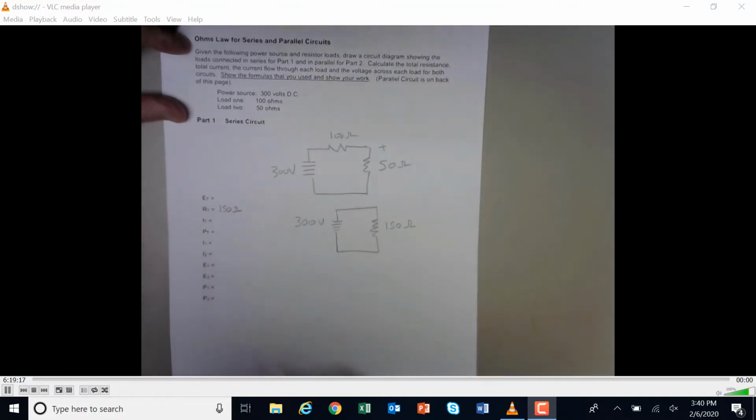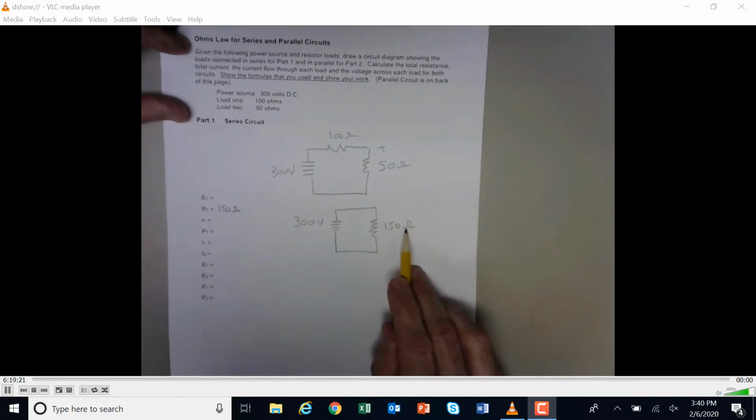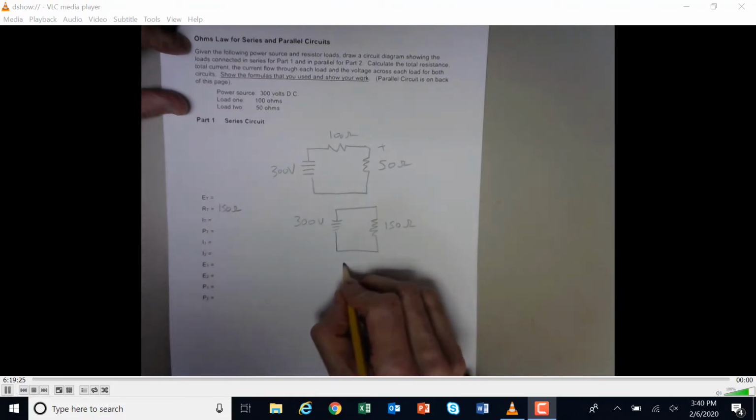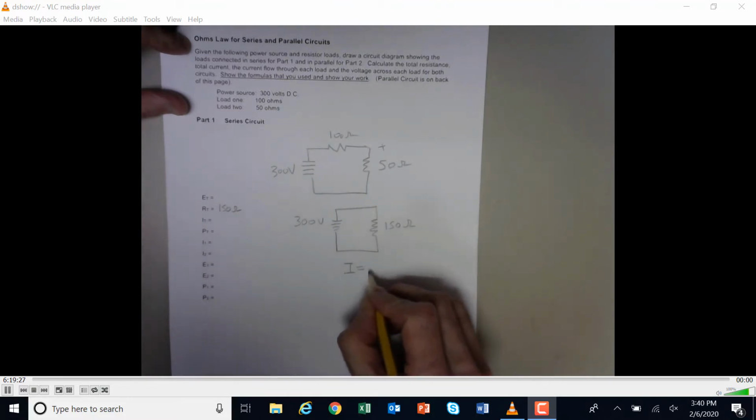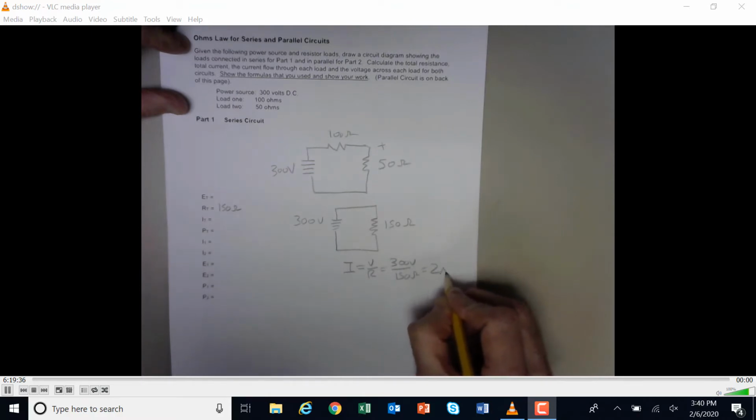Now, because I have a simple circuit, I have voltage and I have resistance, and I can now use Ohm's law to solve for the third quantity. I equals V over R, which is going to be 300 volts over 150 ohms, which is 2 amps.